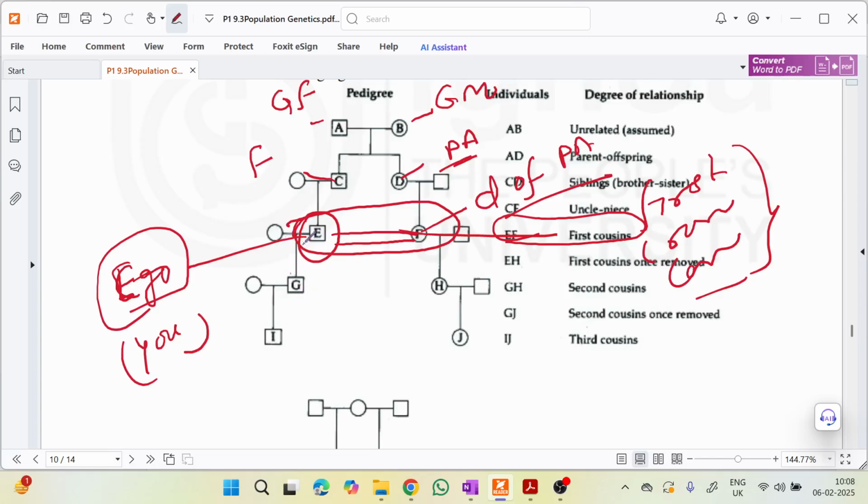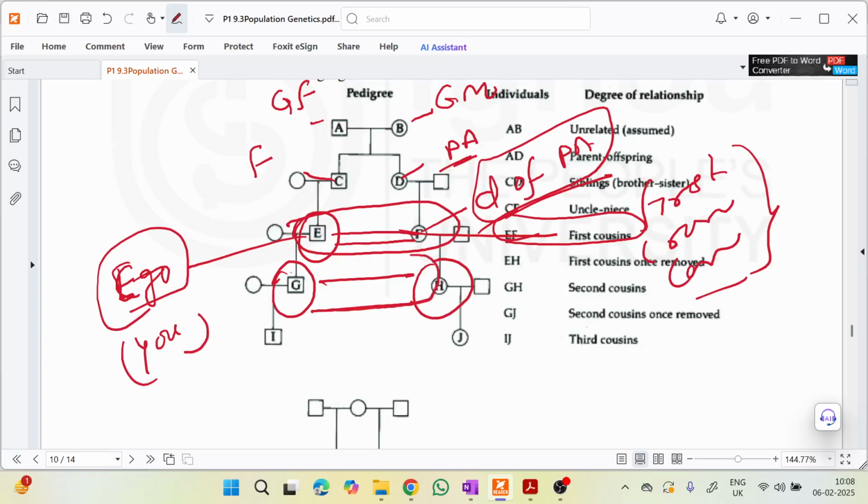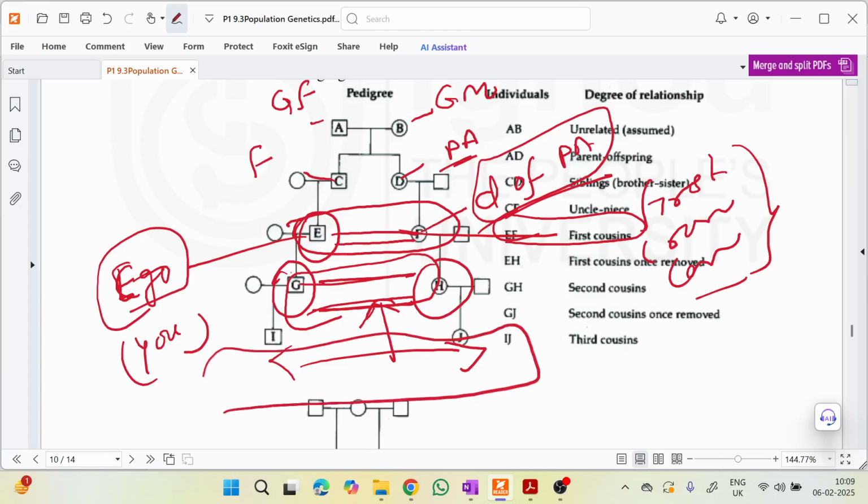Because if the son of you marries the daughter of your bua ki ladki, then you can see the gap. So the consanguinity issue is also there, but it further decreases. The more the gap in this family tree, the less will be the harmful effects of consanguinity.